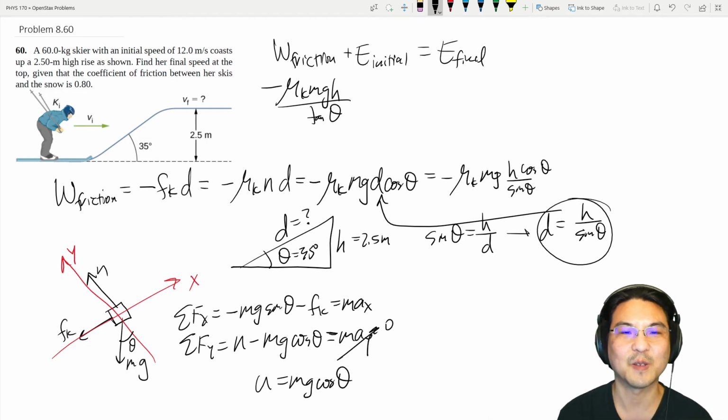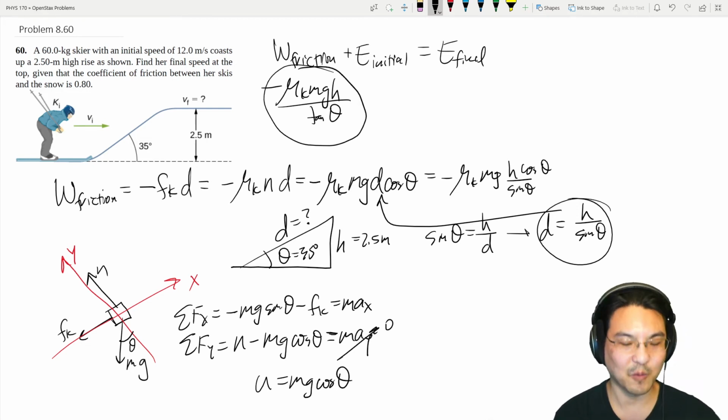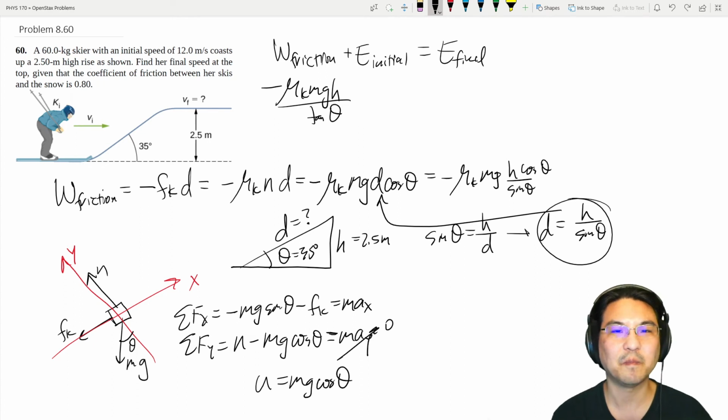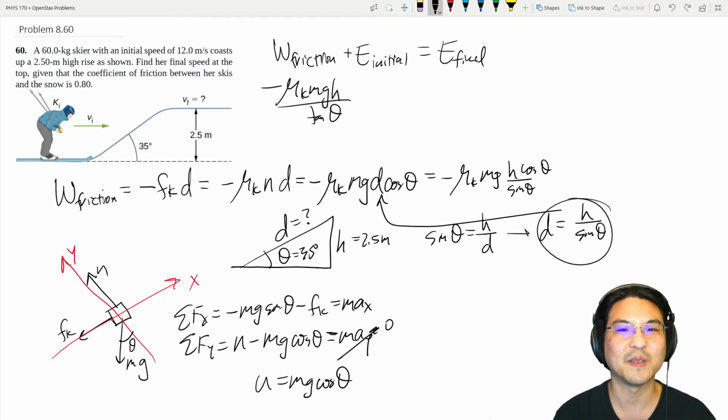Okay, so we got an expression for the work by friction, and we know all of those numbers, right? We got the angle, we know h, we know the mass, we know the coefficient of friction is right here, 0.8. Okay, so what's the energy here? The skier is going this fast, so there's kinetic energy, Vi, I'll just write Vi for initial.